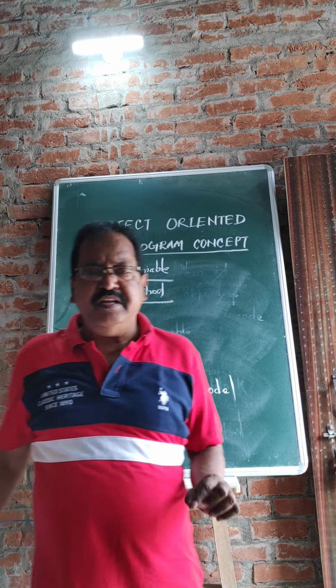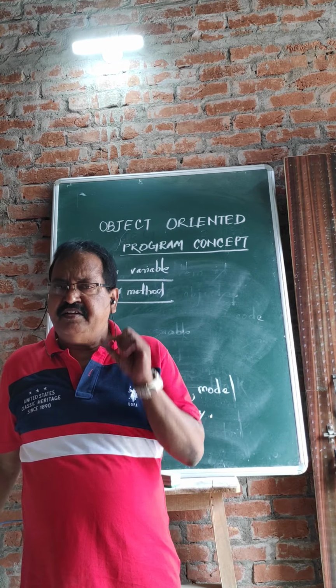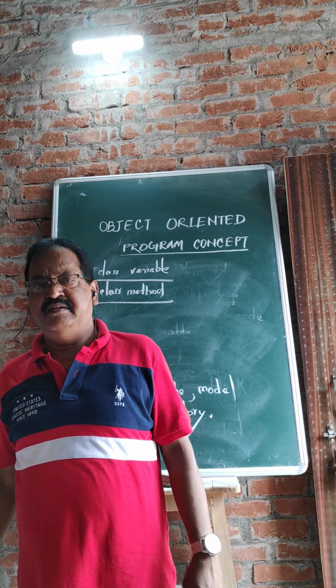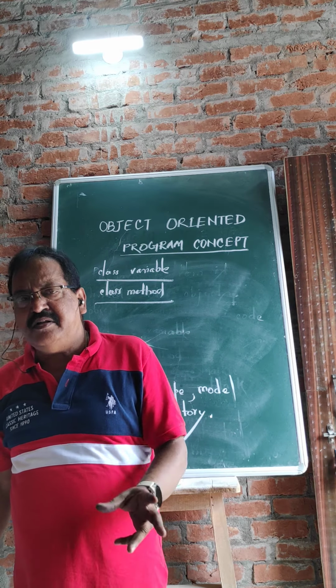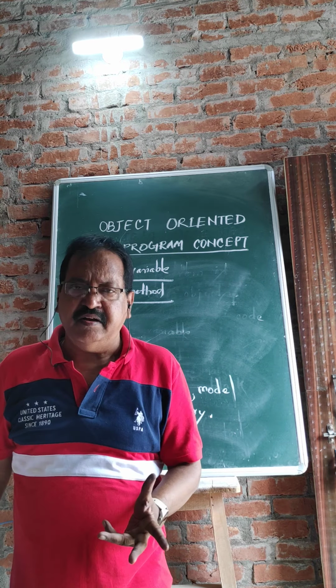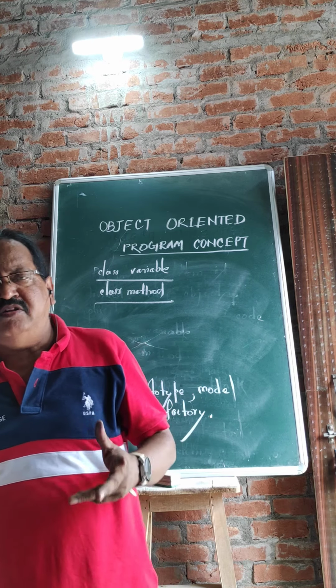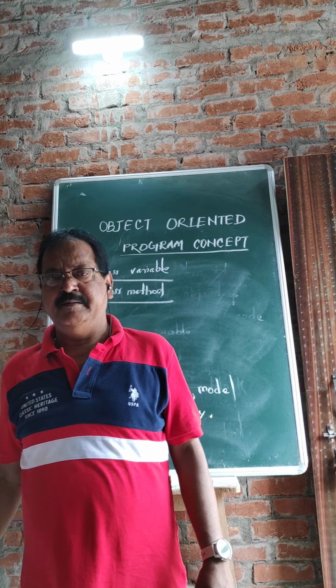Students, class variables are variables or identifiers that describe the state of all the objects of the class. Similarly, class methods are nothing but functions or methods that are implemented by all the objects of a class, partially or fully.